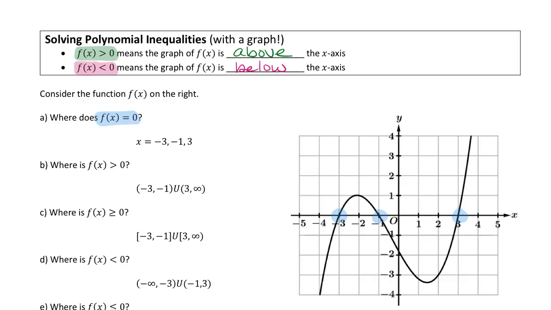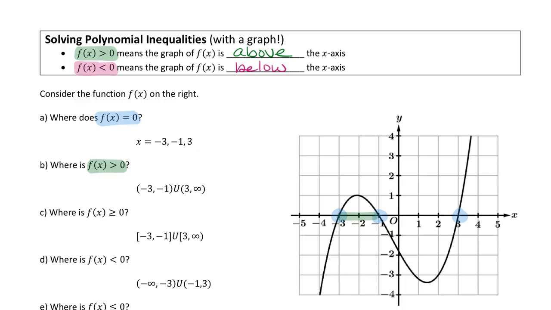The questions now might start asking inequalities. So where is the function greater than 0? We're looking for the intervals where the graph or the outputs are positive. Would you agree with me that this section of the graph right here is where the function is positive? What I want you to highlight is the x-axis on that interval from -3 to -1.